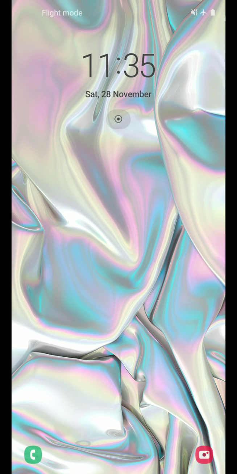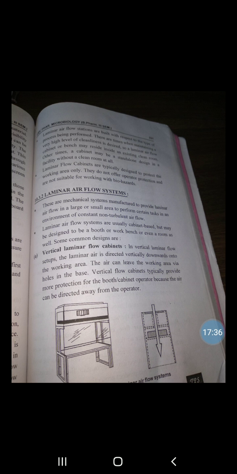The laminar airflow systems are usually cabinet based but may be designed to be a booth, a workbench, or even a room as well. Some common designs are, first, the vertical laminar flow cabinet, and second, the horizontal laminar flow cabinet.